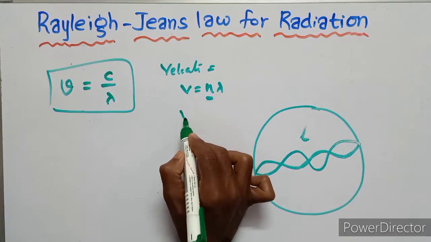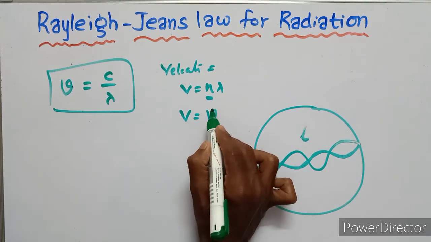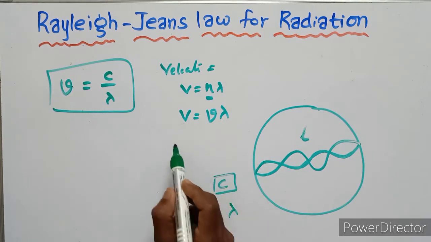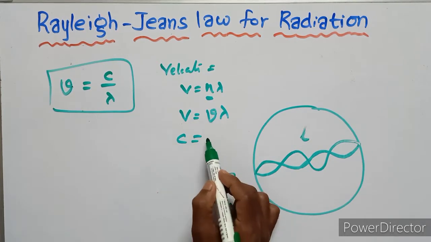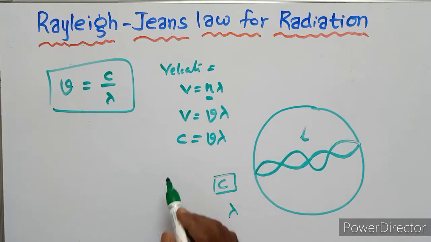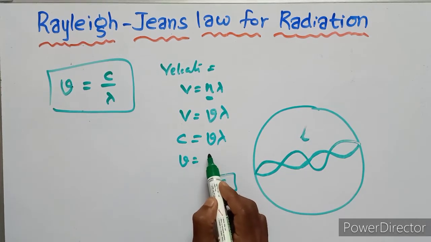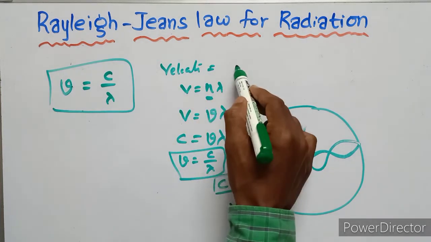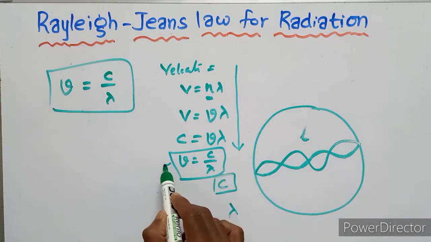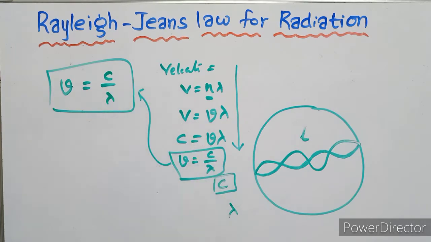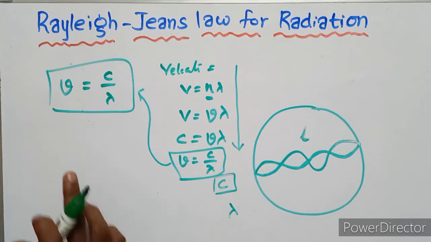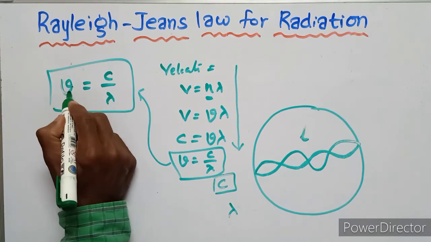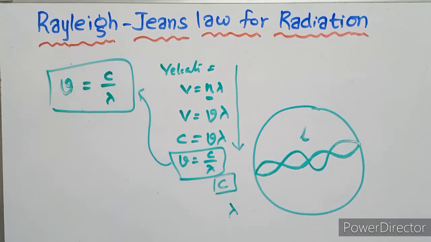This equation can be written as velocity equals nu lambda. Here velocity is the velocity of radiation C. Then nu equals C upon lambda. So the frequency of overtone is given by nu equals C upon lambda.